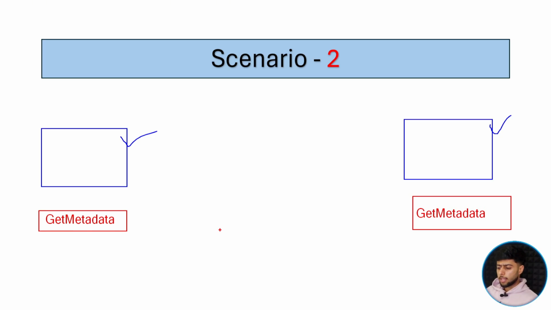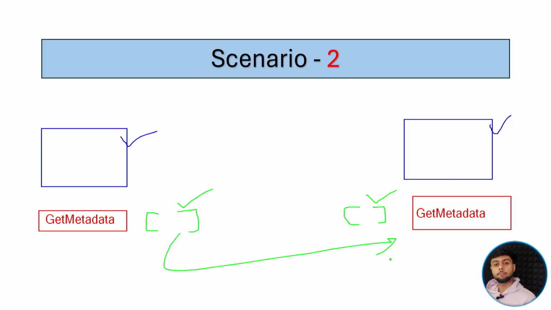Makes sense. Then we will have an array. Yes, we will have an array. Then we can simply compare this array with this one. And if we see any file which is not there on the sink side, then we can simply say, hey, just copy this file.